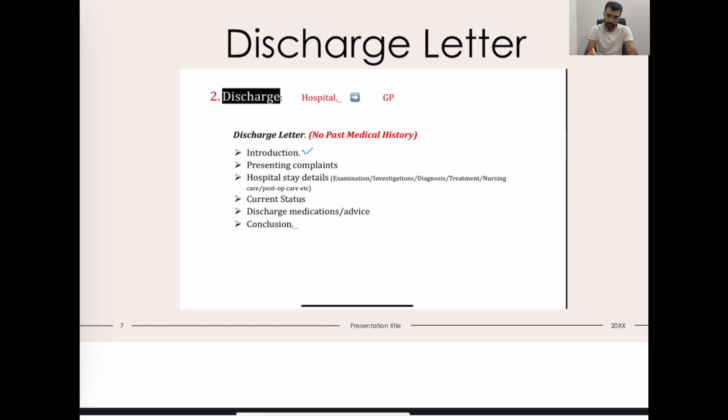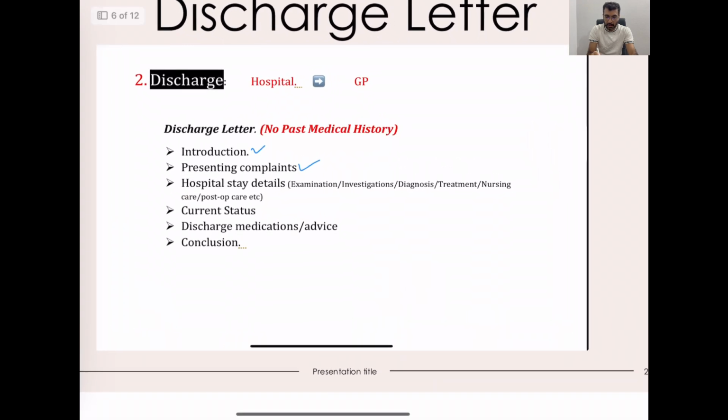So let's see. Introduction, then is the presenting complaint, then hospital stay details, which includes, let me zoom it in, examination, investigations, diagnosis, treatment, nursing care, post-op care, whatever. Okay, it does not mean we will write everything. We will write whatever is given in the case notes.